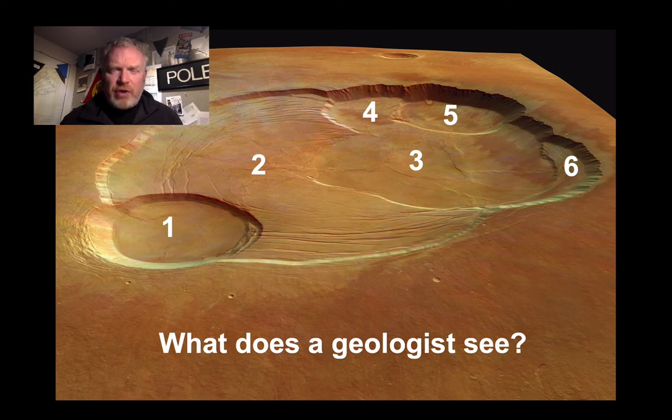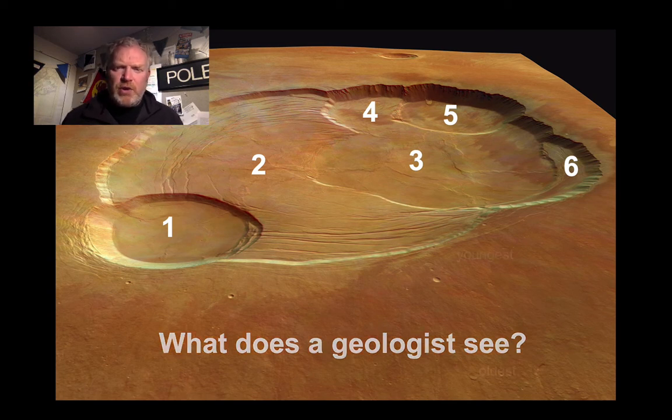Those are cracks that have formed as the magma chamber is emptied, as this crater has fallen in on itself to form this feature we call a caldera. You'll also notice that there's none of the other features we'd expect to find of an impact crater. There's no debris that's been thrown out. There's no central point where a bit in the middle has risen up again. These are definitely volcanic.